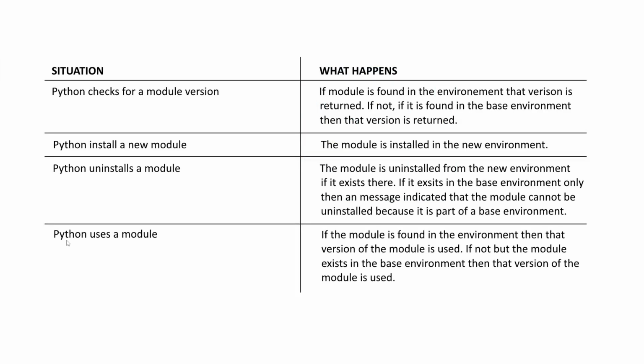Now, how does that work in practicality? Well, what it means is the environment that you've created is the first priority. Only if a module is not found in the environment itself will it then follow those links to the other locations of modules and see if they're available there. In addition, Python recognizes that those external locations of modules are different from modules in your own environment.